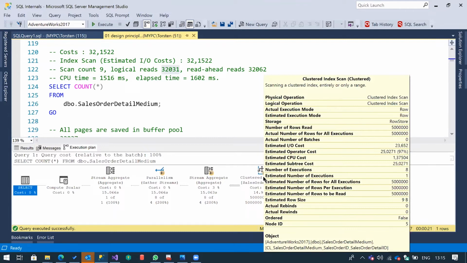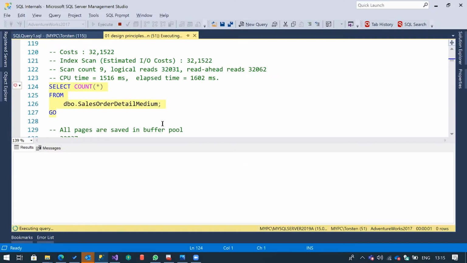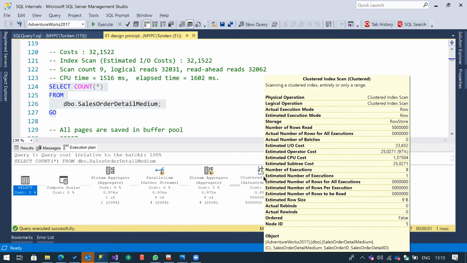When I execute the same query again, all the rows, all the pages to be precise, are now in my buffer pool already. When I review the execution plan again, the estimated IO cost is still 23, whatever the unit is, let's say US dollar. That's not true, because we do not have IO costs anymore.